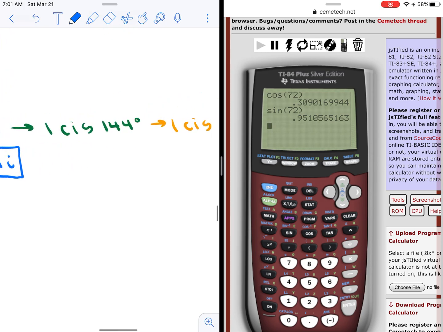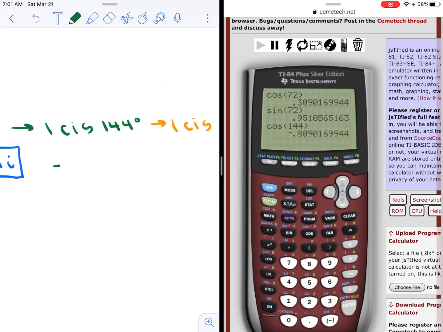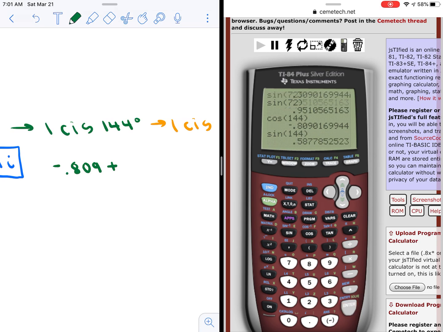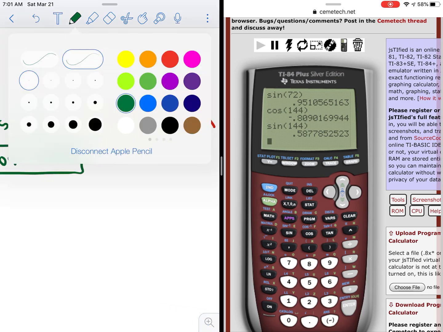And then for the third solution, we could do the same thing: the cosine of 144, and we are getting negative 0.809 plus, and then the sine of 144 gives us 0.588i. And then we could keep going for 216.